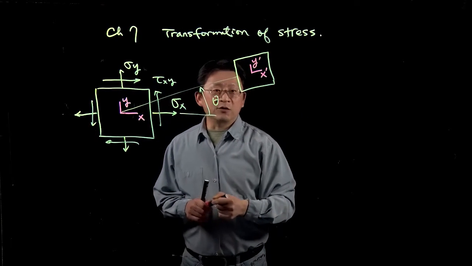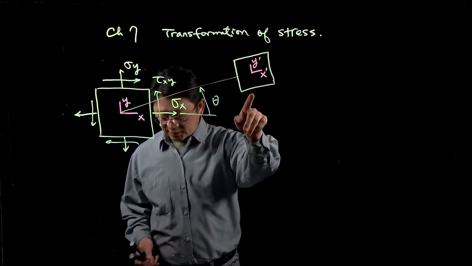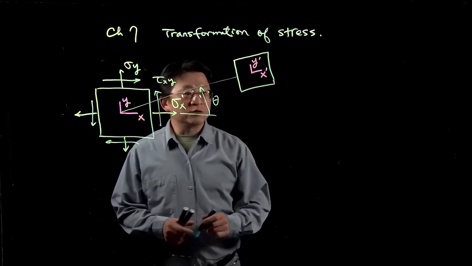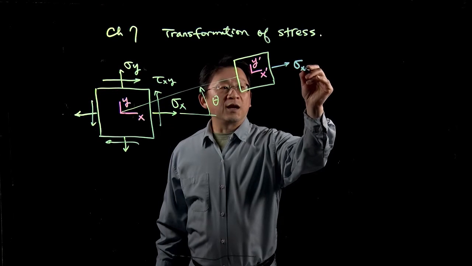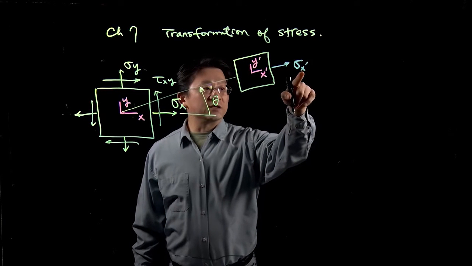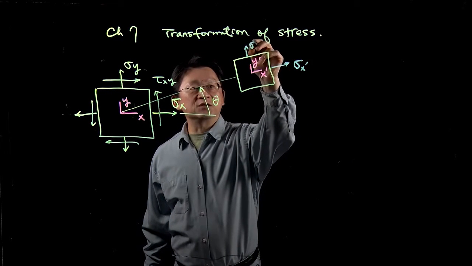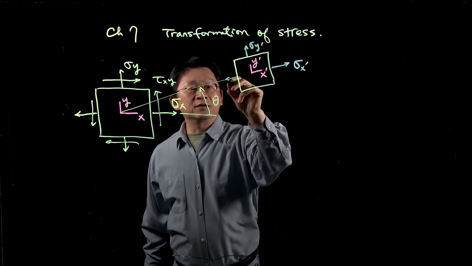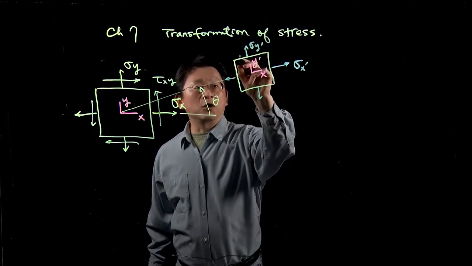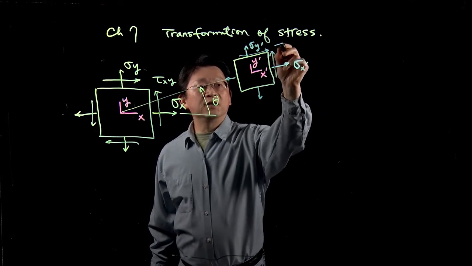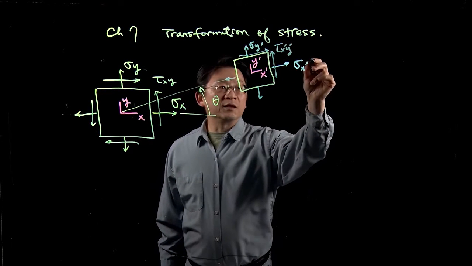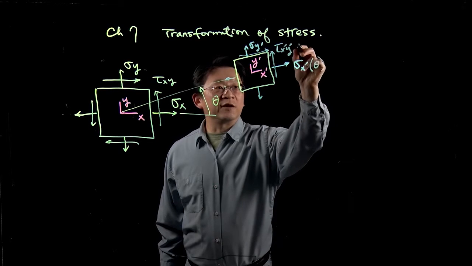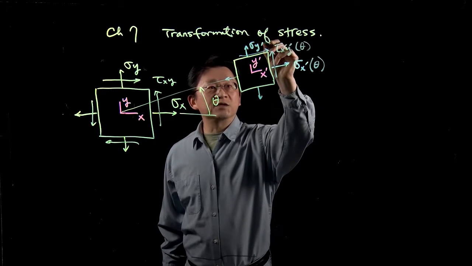Okay, so that is called the transformed stress element. In this element, we are interested in knowing what is the new normal stress in the x prime direction and what is the y prime. And also we want to calculate the corresponding shear stress, x prime y prime. And you can imagine this is a function of the angle you rotate.